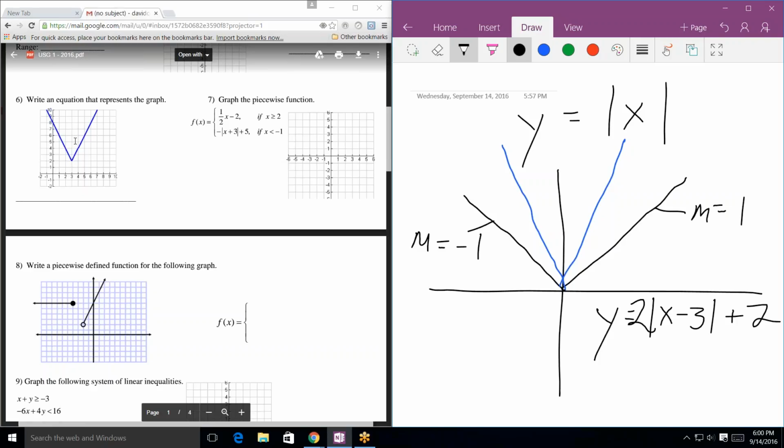If this 2 was a 1/2, then the green would look like this. In other words, if this multiplier in front of the function is less than 1, it makes the graph flatter. If it's greater than 1, it makes it skinnier.